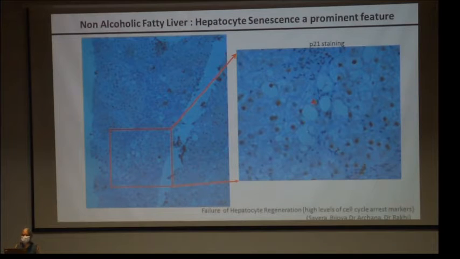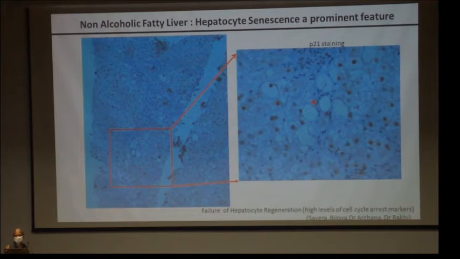I'm just putting up one slide, which we did with Dr. Archana, and we've done a series with the NASH scores. I'm not going to give all the data. Now this is one biopsy, and here is an area which is steatotic. Look at the staining that we've done for P21, which is a cell cycle arrest marker. Almost 70 to 80% of these cells are positive, indicating that these are non-dividing, at least because they are not picking up Ki67.